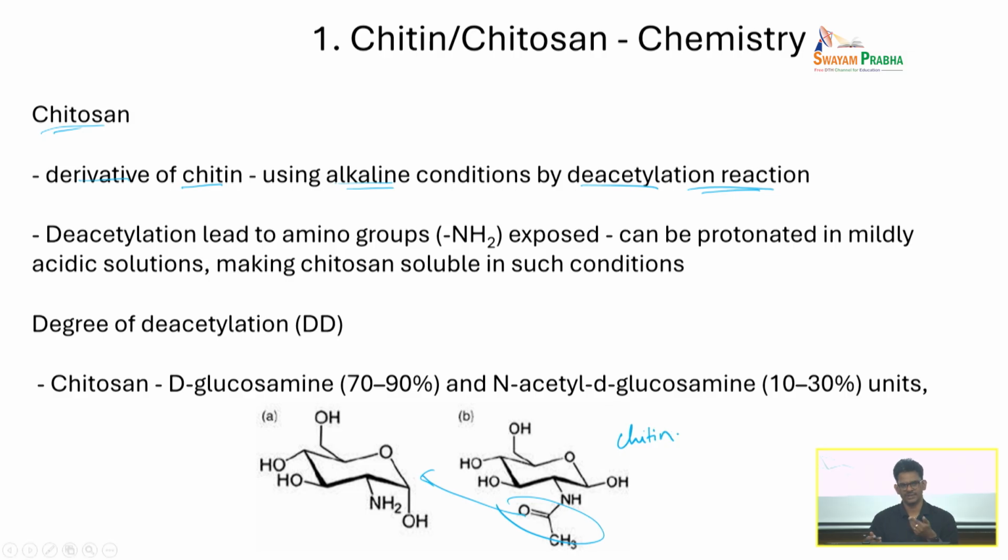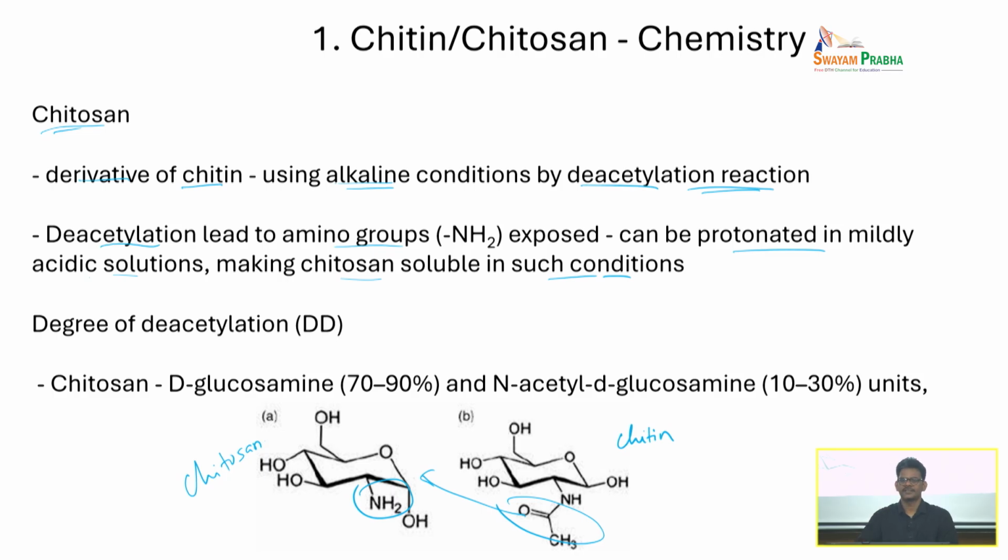You treat this with alkali, and you do deacetylation, that becomes an amine group, and this is your chitosan. This deacetylation leads to amine groups, which can be easily protonated in mild acid solutions, and that makes chitosan highly soluble in aqueous solutions.